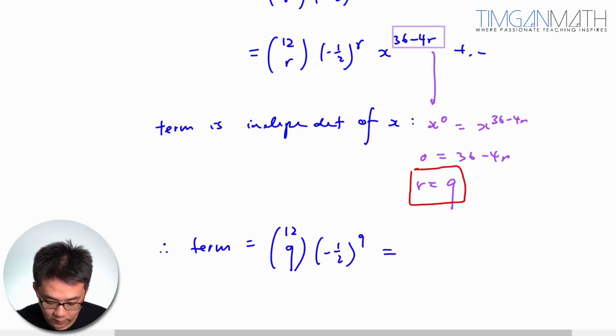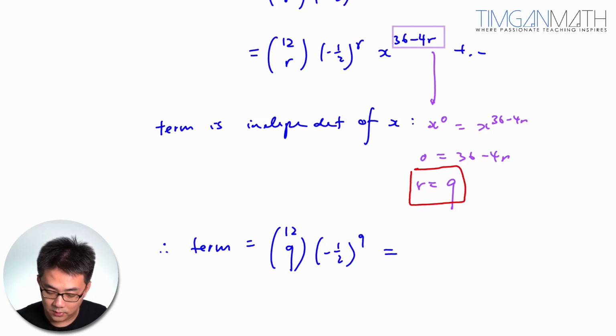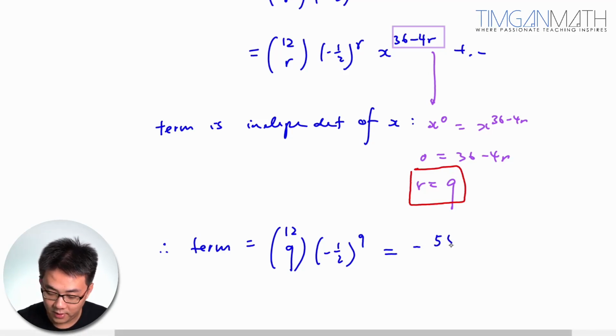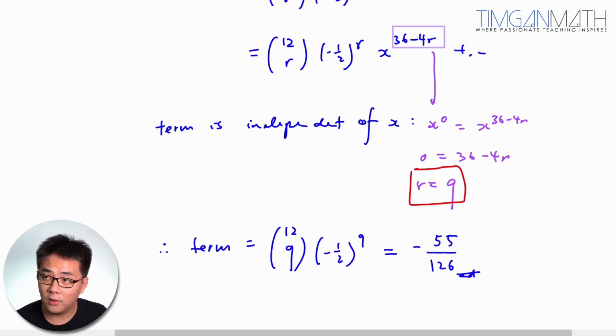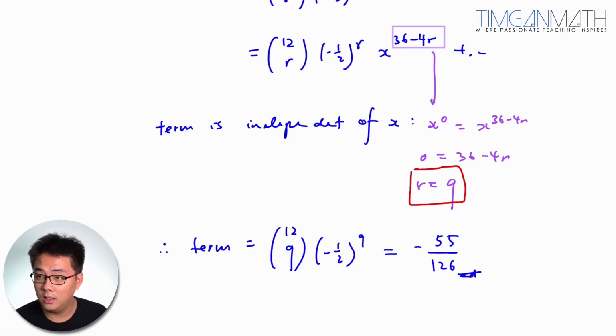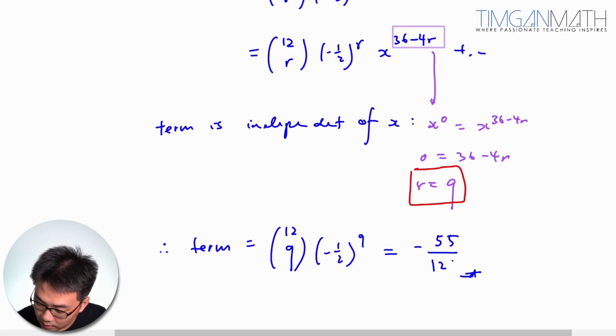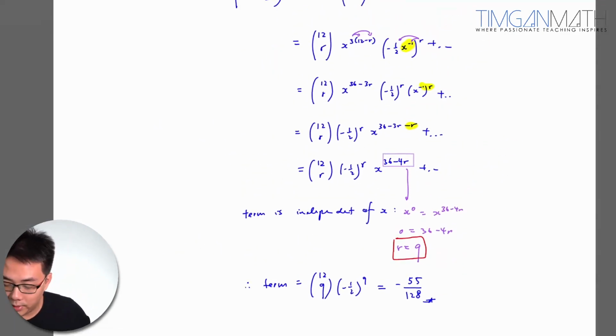So 12 choose 9 times negative half to the power of 9 gives us negative 55 over 128. Sorry, I copied wrongly earlier, it is 128. This is how you do this question proficiently.